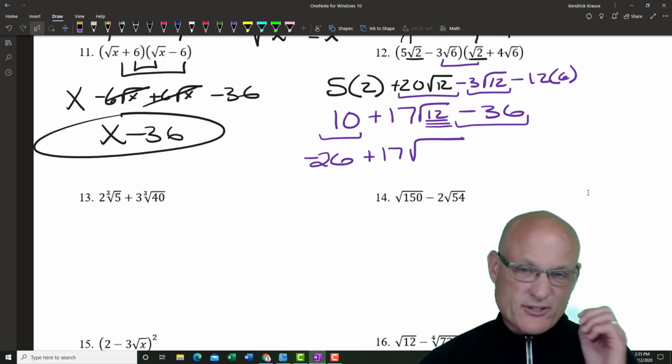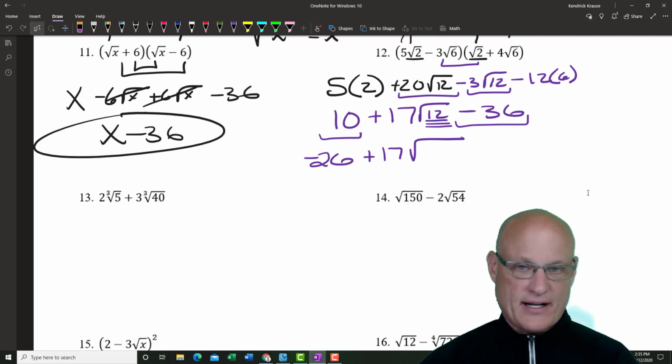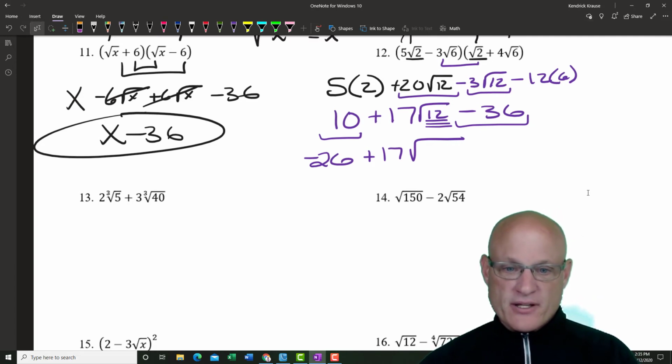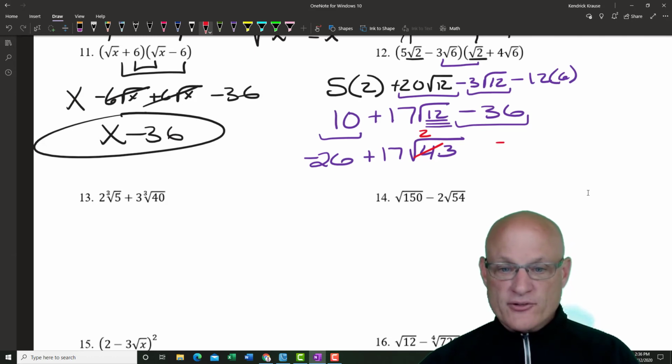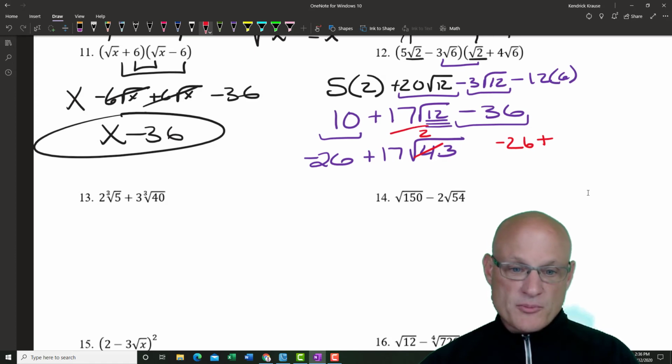You always have to look to simplify. That's the kind of a pain in the neck that radicals are. And then this is just 4 times 3. And what is the square root of 4? 2. So my final answer is negative 26 plus, multiply these two together, 34 square roots of 3.